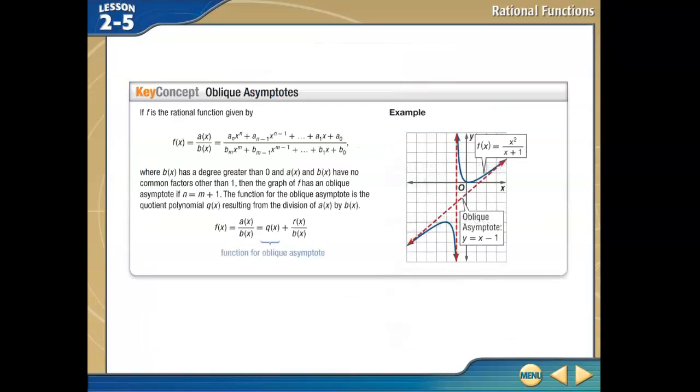That's not it. Okay, oblique asymptotes. Last little note. Once again, this is going to come from the degrees.